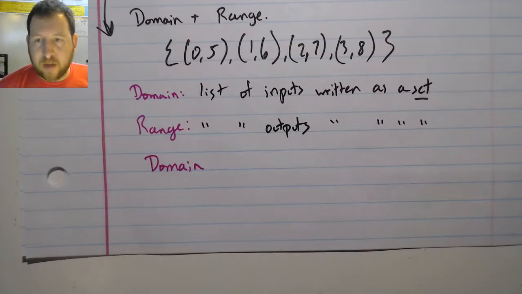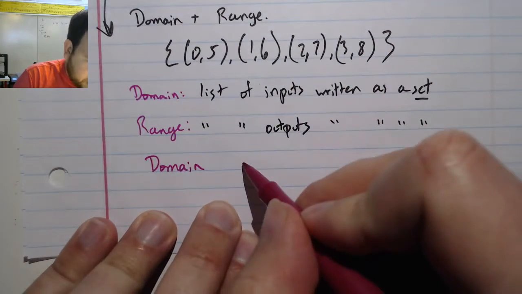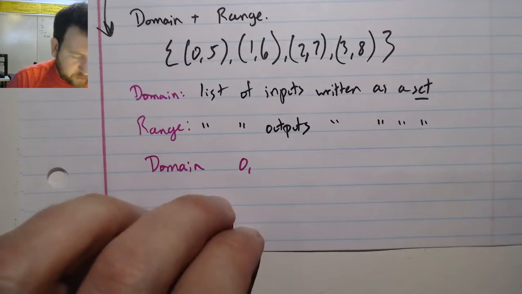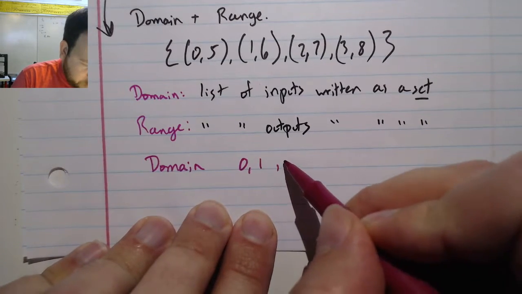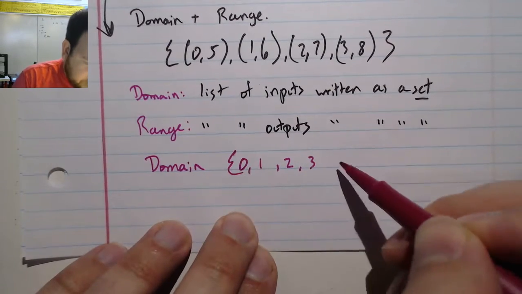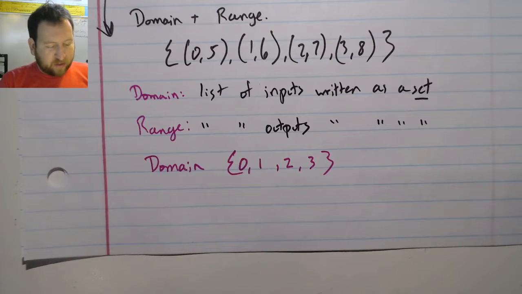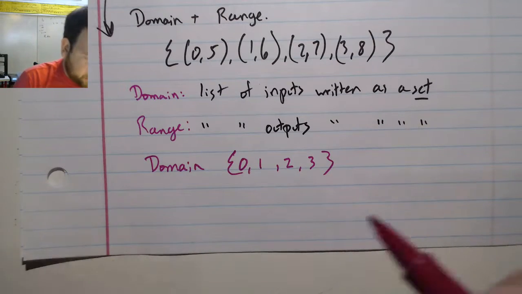My domain is all of my inputs listed. So I would have 0, 1, 2, and 3. And then I put this bracket marker, because this bracket in math means that it's a set of numbers.